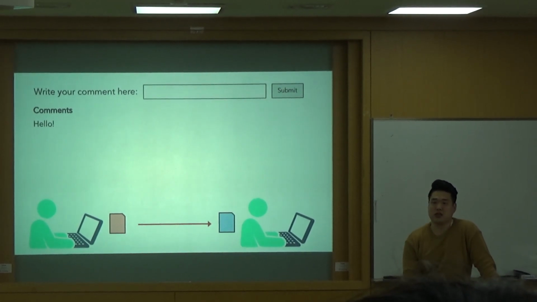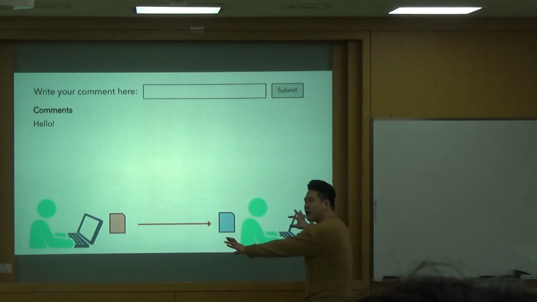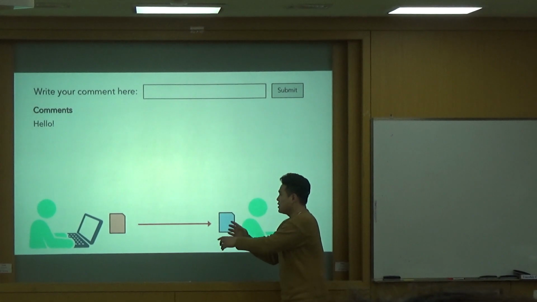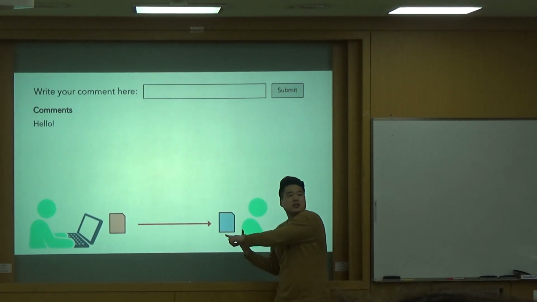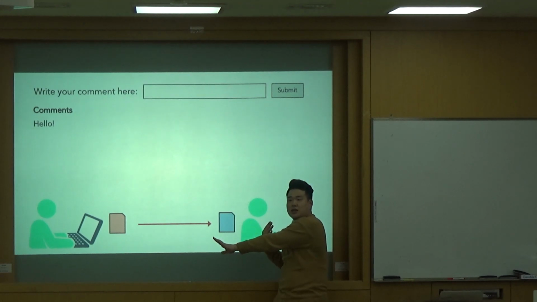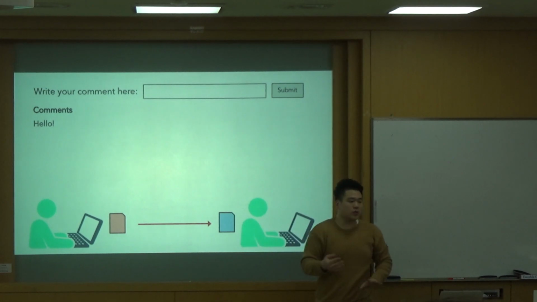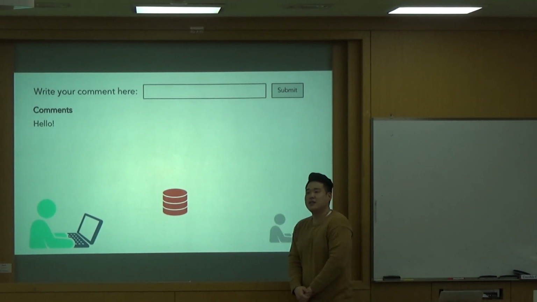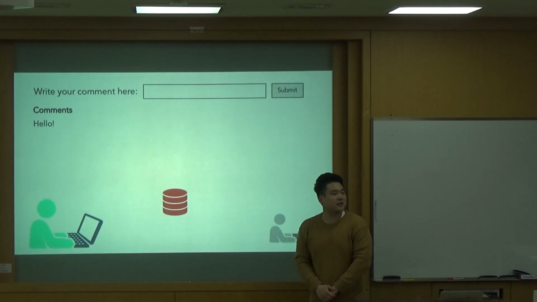The fundamental solution here is that these two guys should see the same data. The reason this causes the problem is that their actual data is different. So they should see the same database, same data, right?